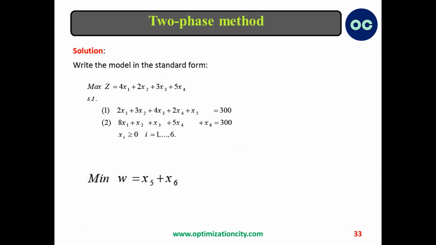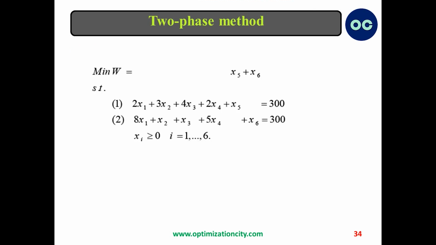Next, in the two-phase method, we solve the model that minimizes the objective function W, which is the summation of the artificial variables x5 plus x6, subject to the constraints of the original model.